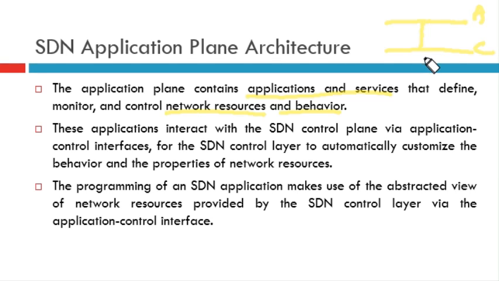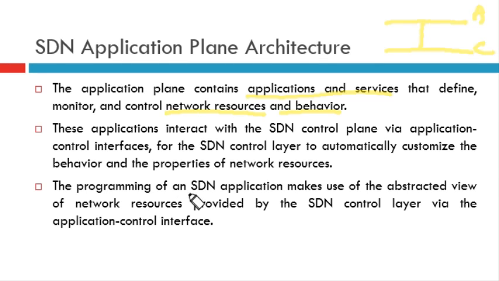In detail, we are going to discuss it in the future. This is for the SDN control layer to automatically customize the behavior and properties of your network resources. So the application plane interacts with the SDN control plane, and in short, with the help of applications we will be able to customize the behavior and properties of the network resources. So such a big role.